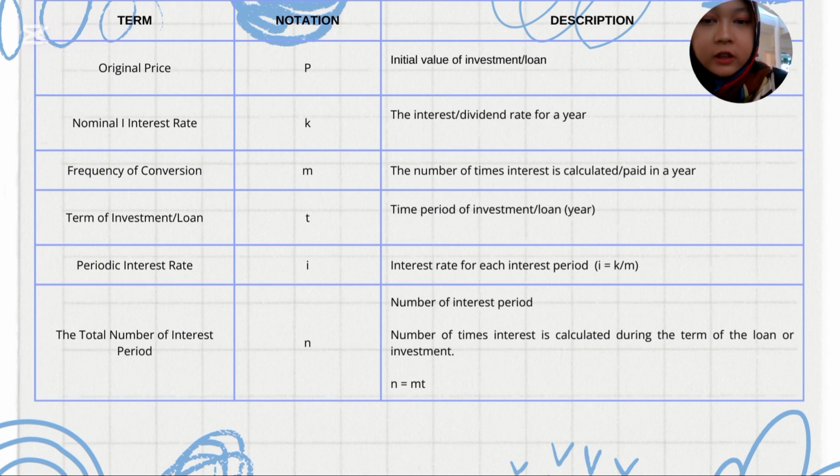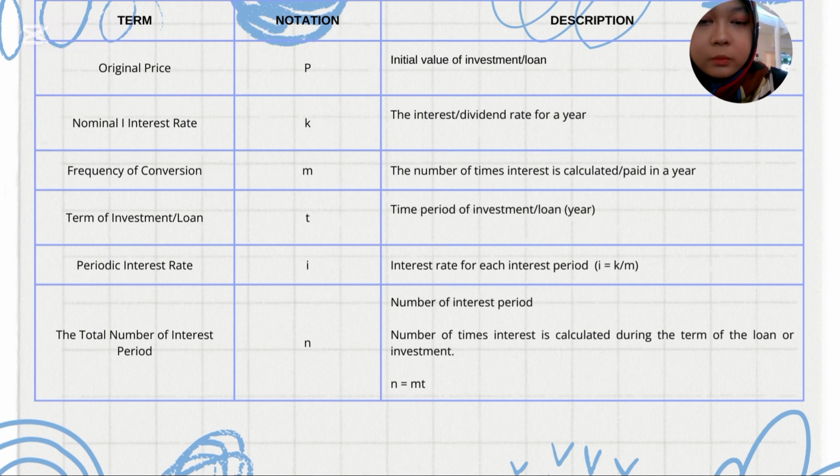Frequency of conversion, written as M, the number of times interest is calculated or paid in a year. Term of investment or loan, called T, which is the time period of the investment or loan in years. Periodic interest rate, I, the interest rate for each period.